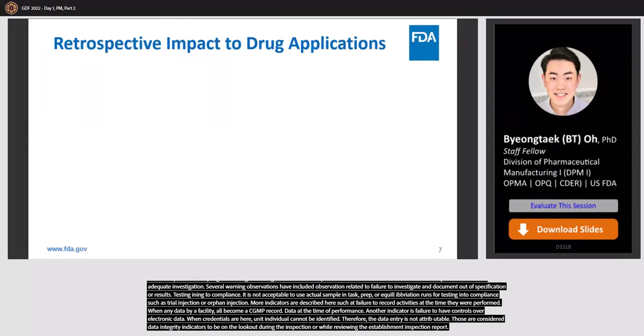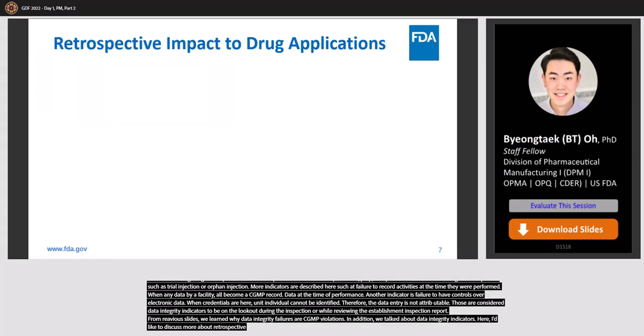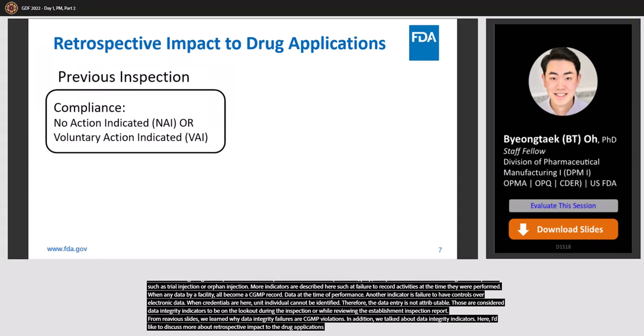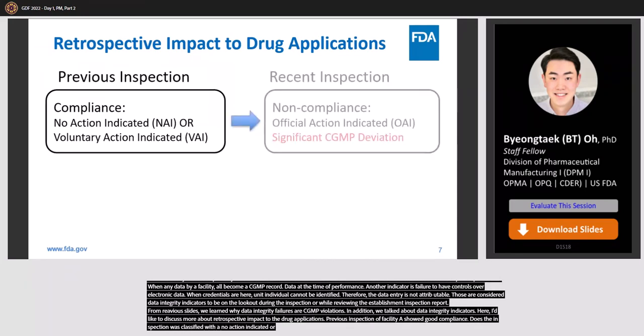From previous slides, we learned why data integrity failures are CGMP violations. In addition, we talked about data integrity indicators. Here, I'd like to discuss more about retrospective impact to the drug applications. A previous inspection of Facility A showed good compliance, thus the inspection was classified as no action indicated or voluntary action indicated.